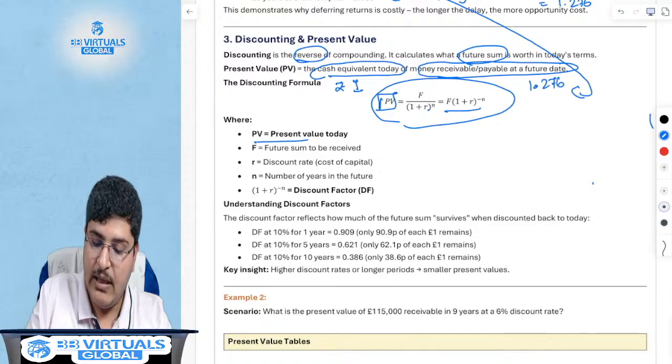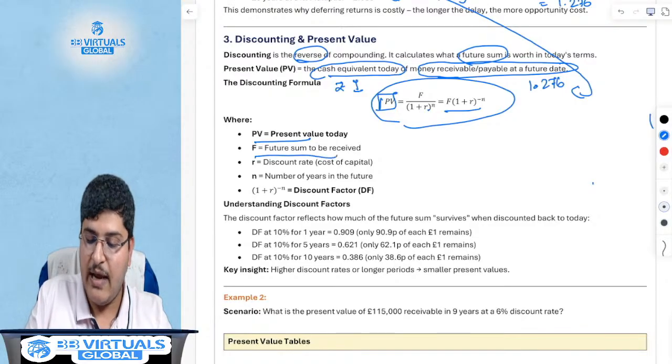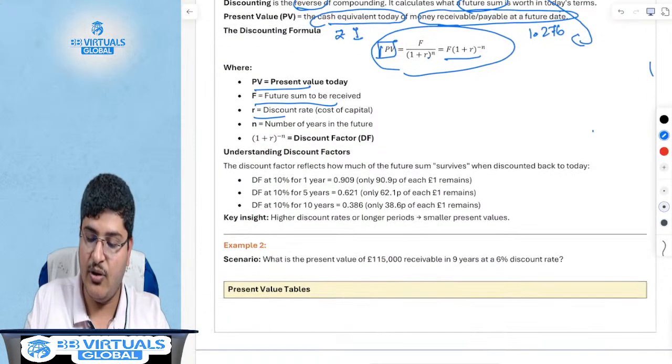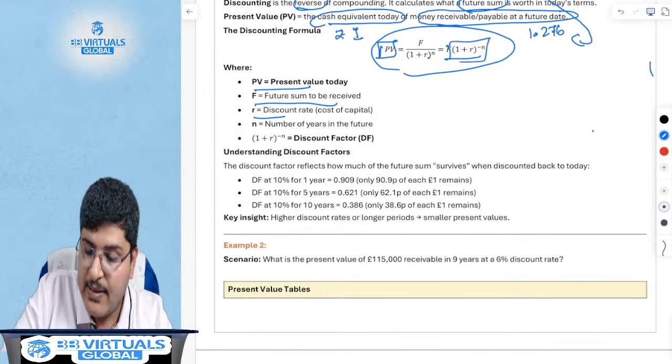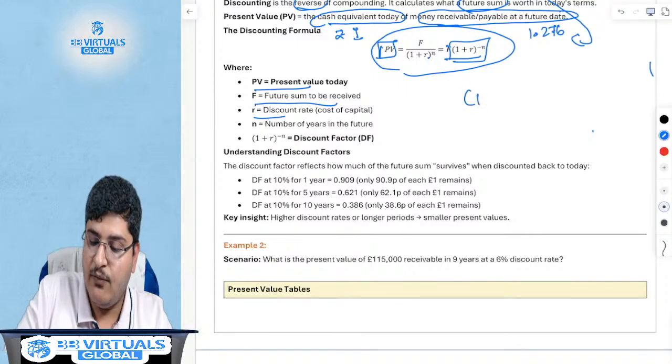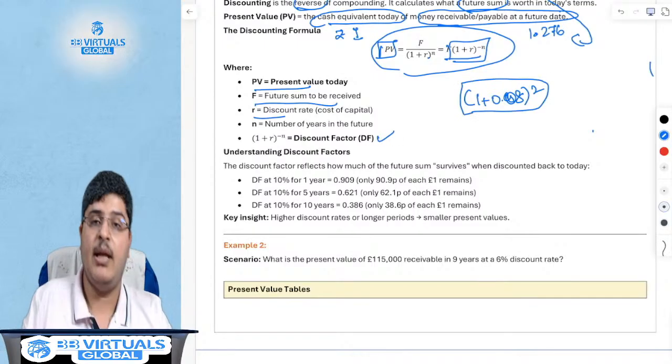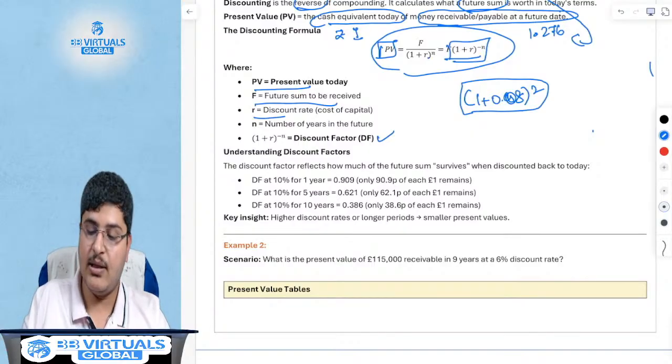So what is PV? PV here is the present value, F is the future value, R is the discount rate, N is the number of years. And in our example, the 8 rupee example that I had given you, this is nothing but the discounting factor.